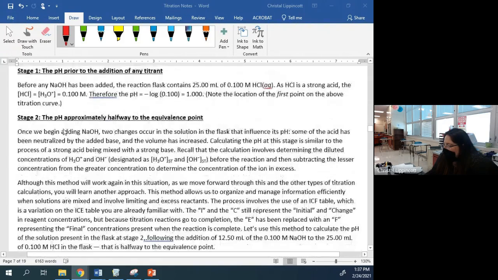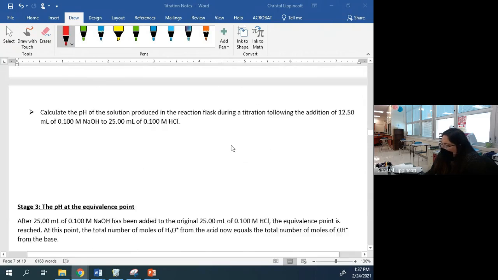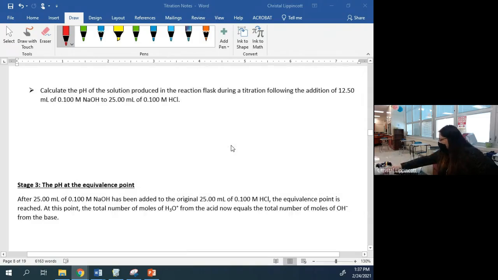So the pH approximately halfway to the equivalence point, if we know that, we can calculate that pH. Before the reaction, you can subtract the lesser concentration from the greater, and you can figure out which ion is in excess. So then, if we're over here, we get into a few calculations before we have to leave for the day.